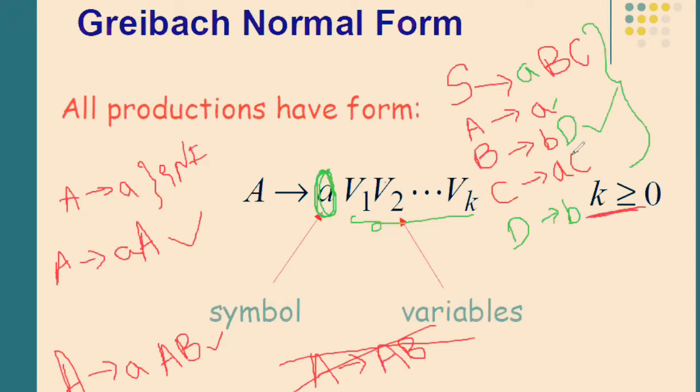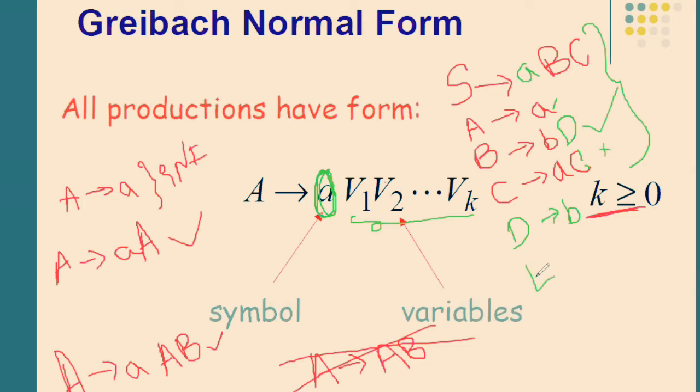And here you can see capital C. Let us consider this is small c. Capital C tends to AC. Both are terminating here, which is not in Greibach normal form. Now we have to convert it to Greibach normal form.